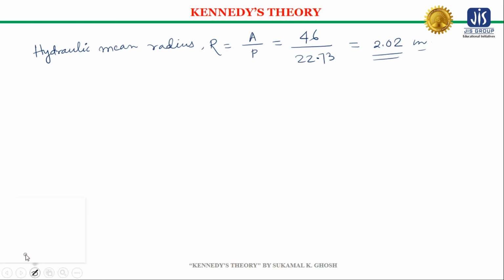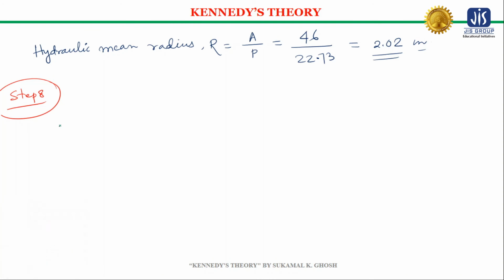Now we need to perform our step 8. So what was our step 8? In our step 8, we need to calculate the actual mean velocity using Kutter's equation or Manning's equation, but in this particular problem the Kutter's rugosity coefficient is given, that is why we will use the Kutter's expression to calculate the actual mean velocity.